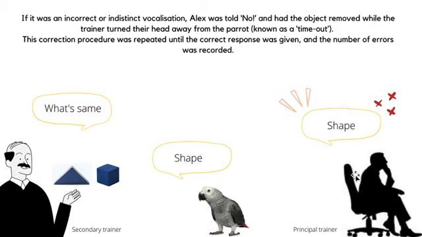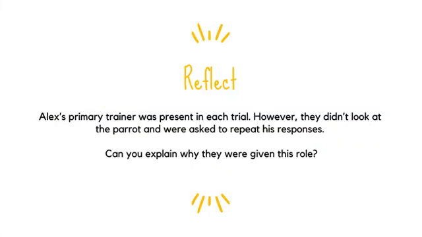So we don't want that. So there could be bias there. So what happens is he will repeat what Alex said, but without knowing what the correct answer is. Because if he knows the correct answer, there's a possibility of bias. I hope you understand that.